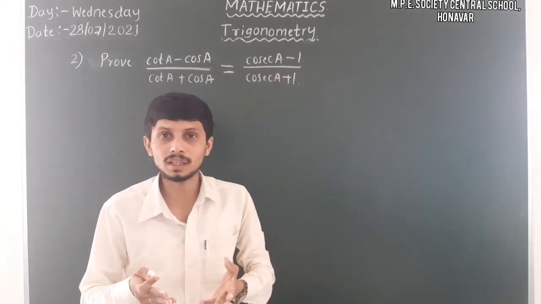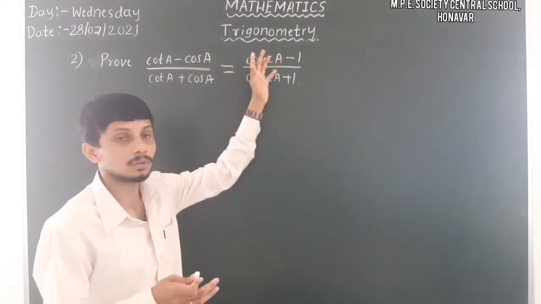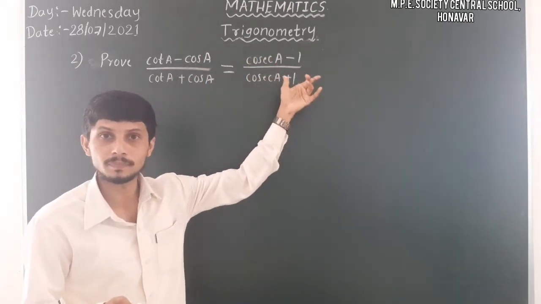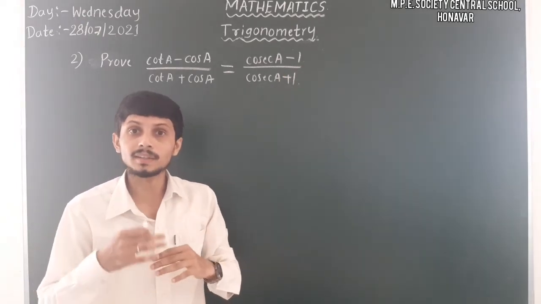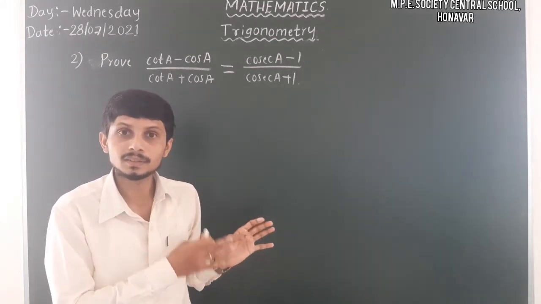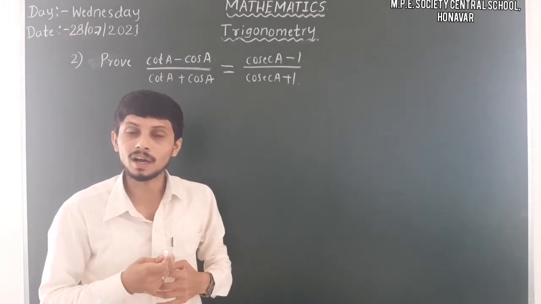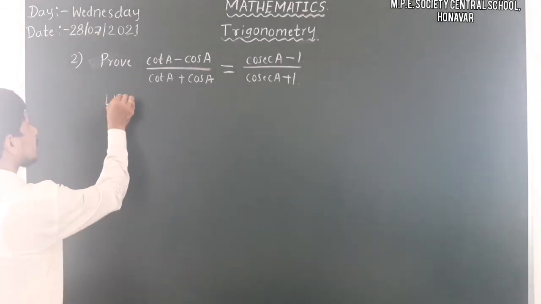But using cos A, it is not possible to change into cosec A. So firstly try to get sine A in the LHS, so that we can easily get our required result.